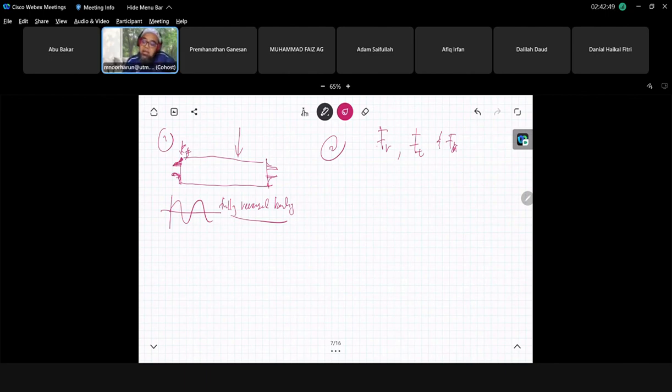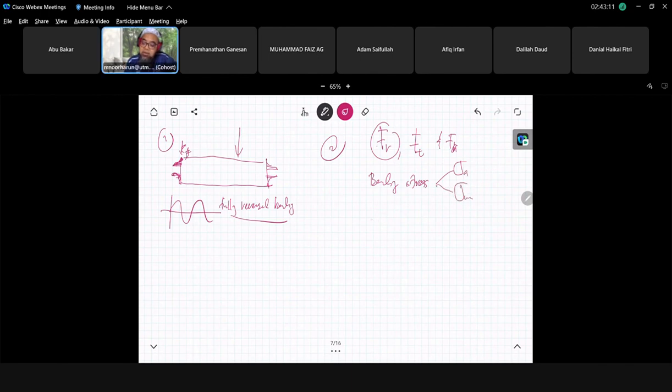We get bending stress, with sigma alternating and sigma mean.